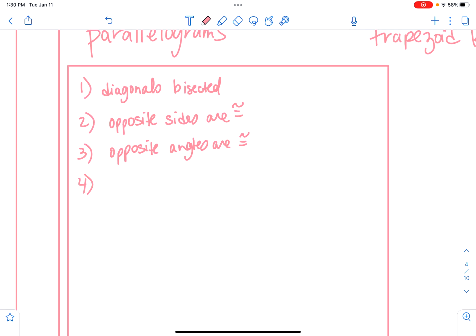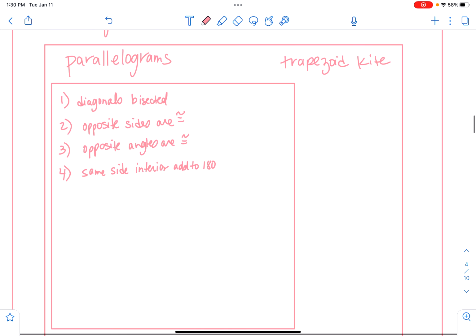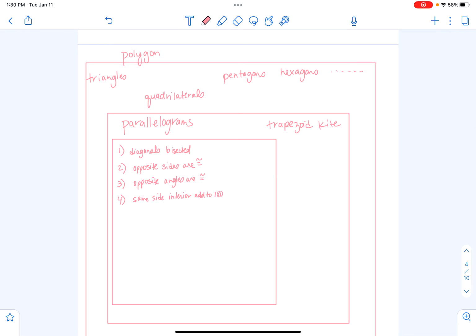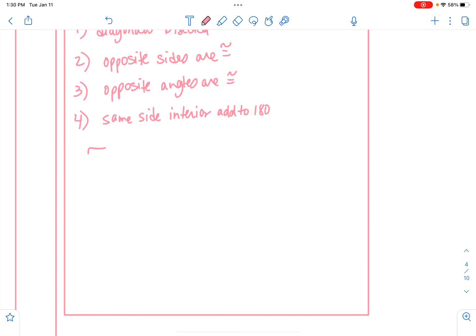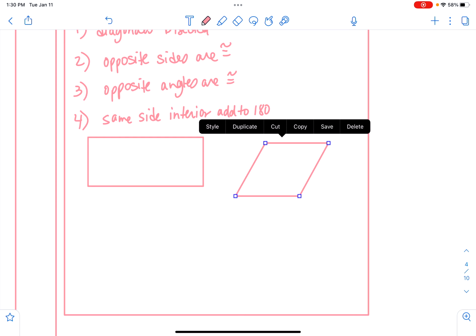And then the fourth one was that same side interior angles add to 180. So all of that is true about parallelograms, which is a type of quadrilateral, which is a type of polygon. Then under that, we had rectangles, which is a type of parallelogram, and a rhombus, which is another type of parallelogram. And we had rules for those.